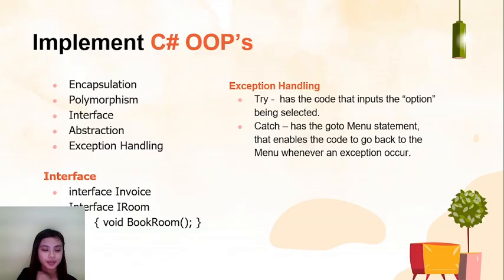Here is the implementation of C# OOP. We use encapsulation, polymorphism, interface, abstraction, and exception handling. In the previous weeks, we studied in detail the object-oriented aspects of C#. For today's code, we have an emphasis on interface, abstraction, and exception handling.